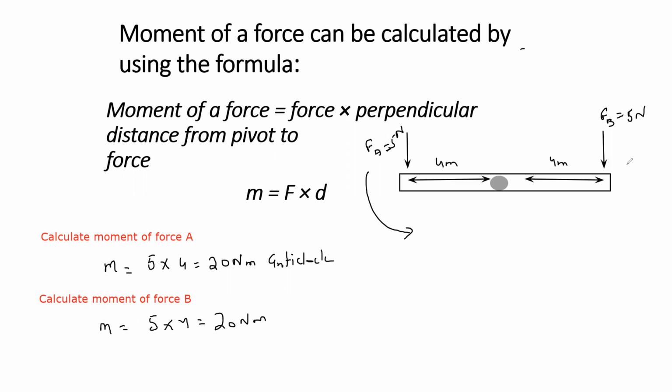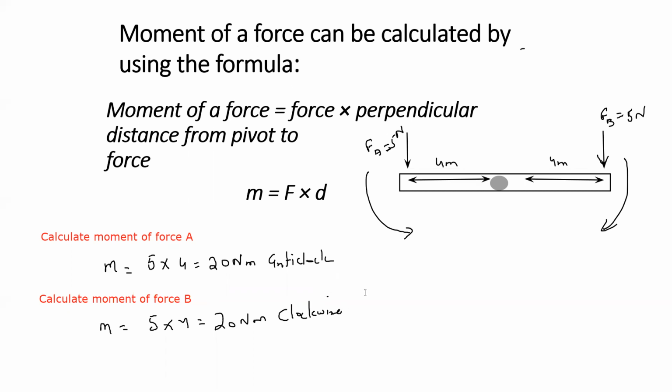But what about the direction? Force B is acting downward, so which direction will it try to cause a moment? It will try to cause a moment in a clockwise direction.